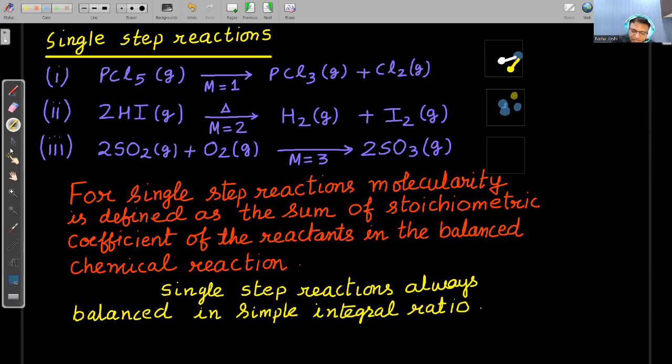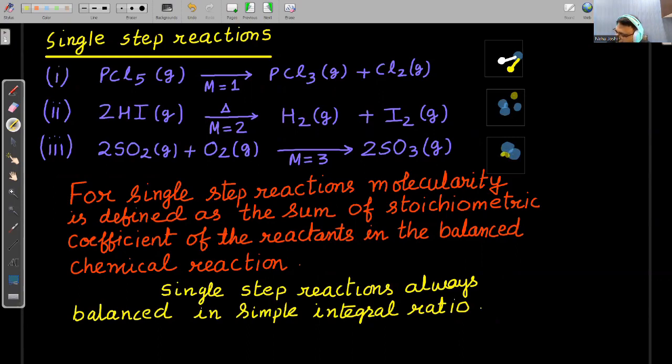Same way, when we are discussing a termolecular reaction, here molecularity is equal to 3. What does it mean? It means that two molecules of SO2 are colliding together with one molecule of O2.